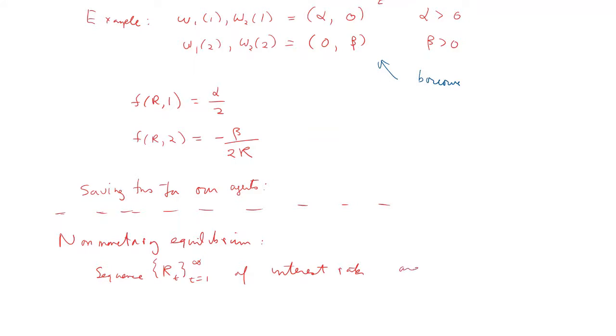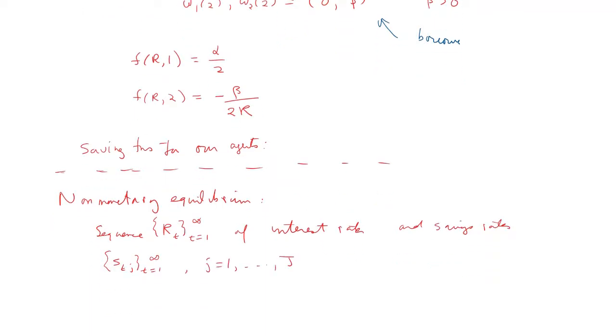and savings rates, which I could call s_t^j, for t equals 1 through infinity, j equals 1 through J, saving rates for everybody, such that this is going to be simple.